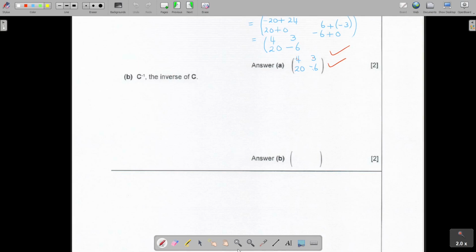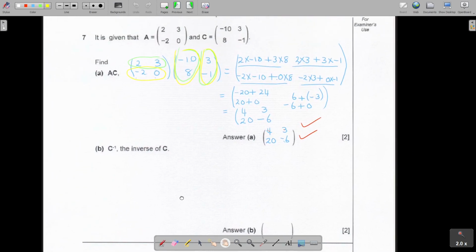As I said, I always like to write it just to bring the information down. So I'm going to write C. Okay, so C is equal to -10, 8, 3, -1. So what you can do is first find the determinant.